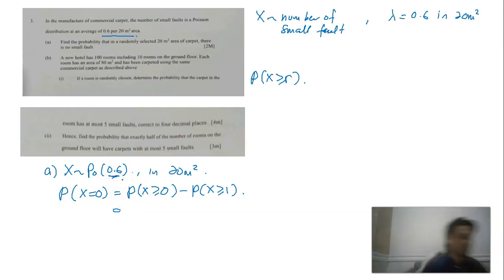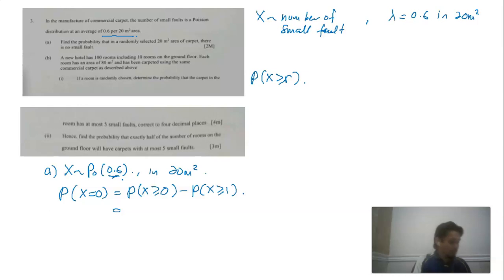Lambda is 0.6 according to this book, for Poisson. Turn to page 12.